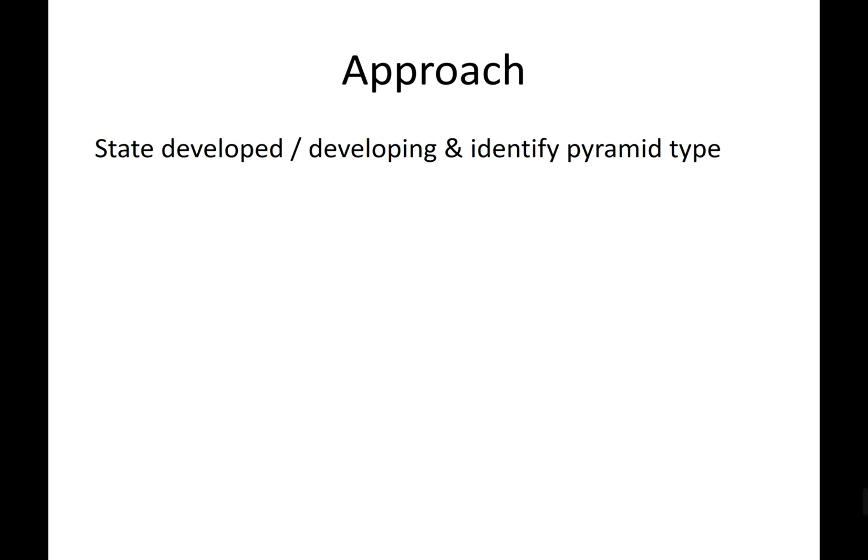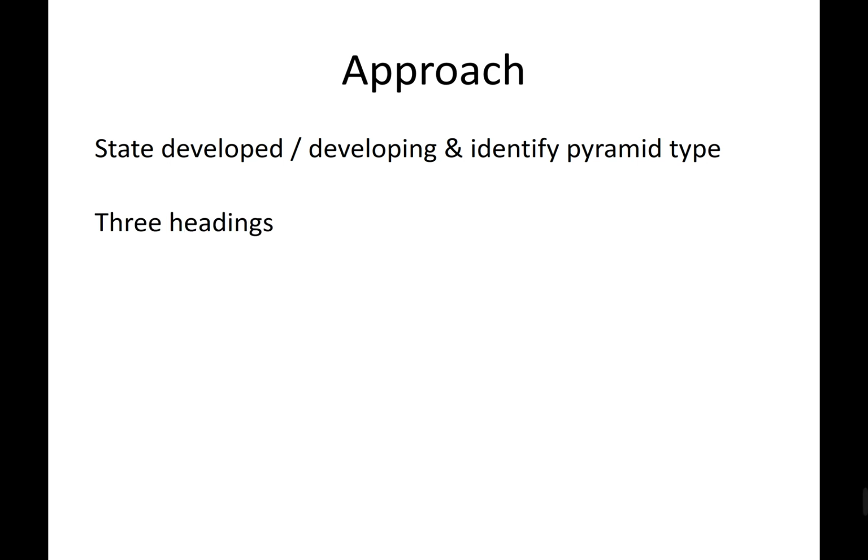And then you're going to identify the actual pyramid type in each one. So is it progressive, stationary, or regressive? Is it developed or developing? So you start off by saying Pyramid A, Tanzania, is a blank type, which represents a blank economy. And then you do the same for Germany as well.